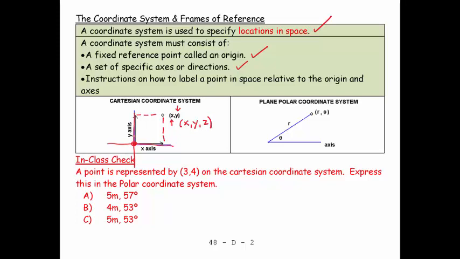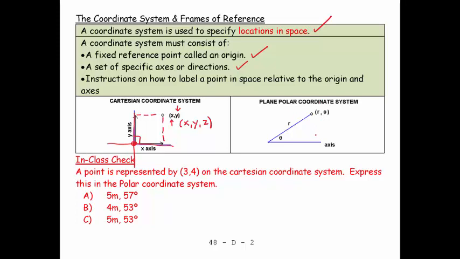These axes are at 90 degrees to each other, so they are orthogonal and they are independent. If you move on the x, it will not affect your position on the y; you can move on the y, it will not affect your position on the z. They're independent.